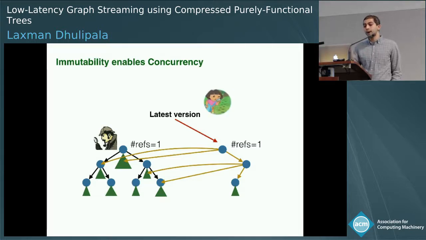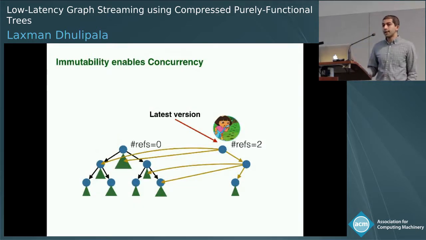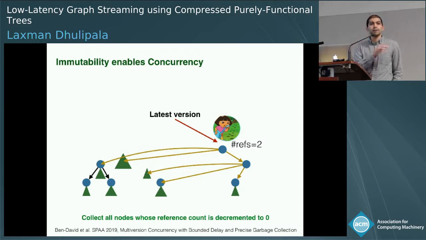Now, when a new query arrives, it can go and start running on the new version of the graph. And finally, once the old query is finished, it can decrement the reference count, and by recursively decrementing the reference count on the nodes, we can eagerly garbage collect and free all the memory that's not used by the system any further. And I should note that this approach was proposed in a very recent SPAA paper by our colleagues in SPAA 2019, which I recommend you read if you're interested.